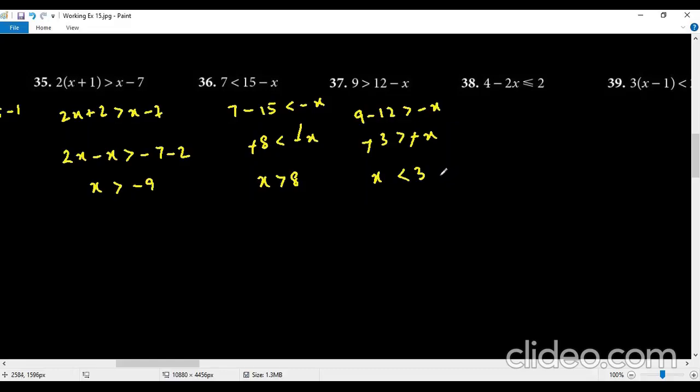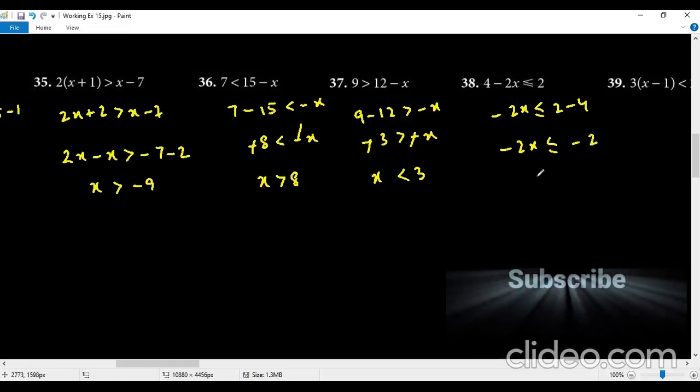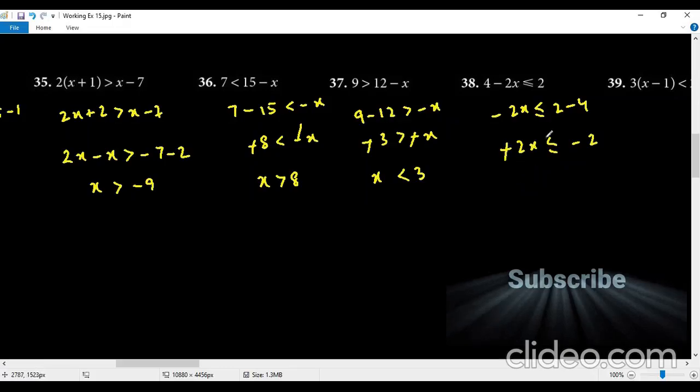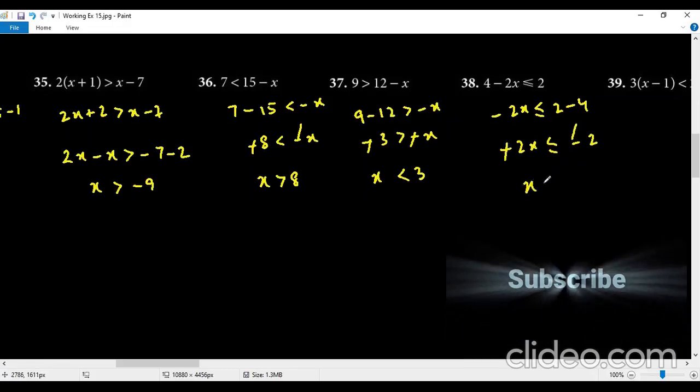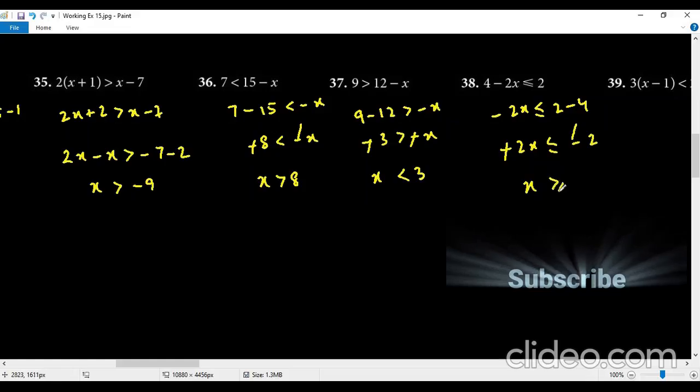Now in here, it is negative 2x less than or equal to 2 minus 4. That means minus 2x less than minus 2. That means for this question, minus and minus cancels. So x is going to be greater than 1.